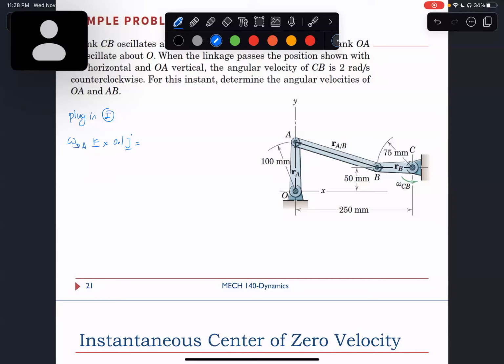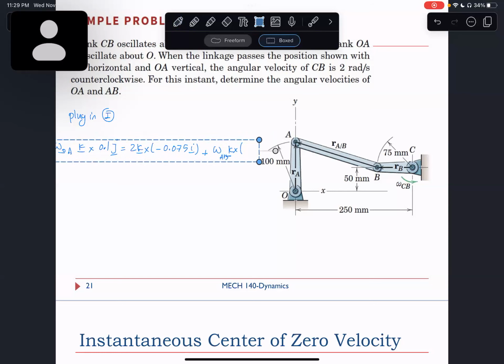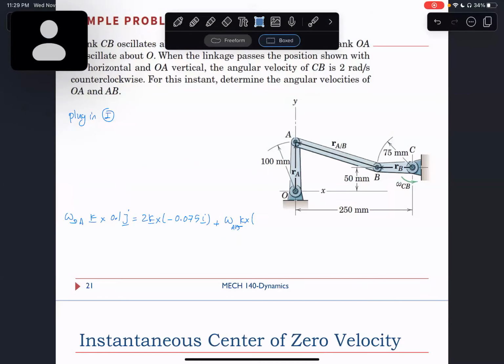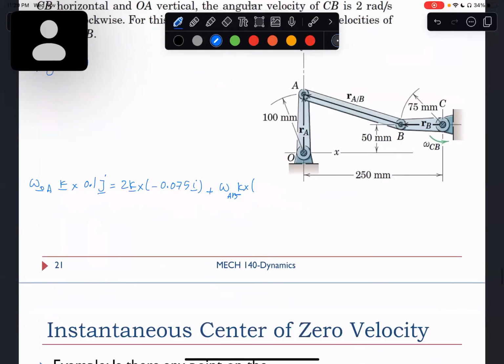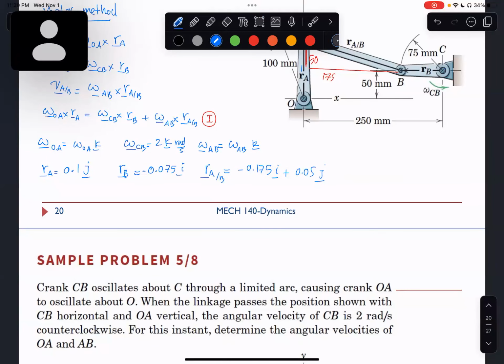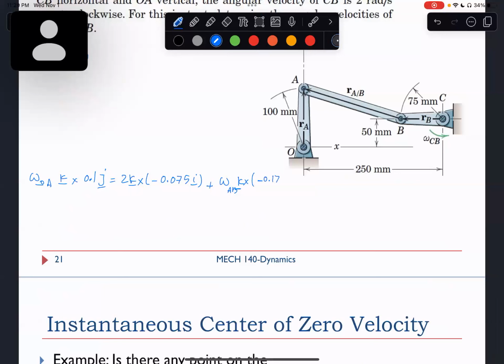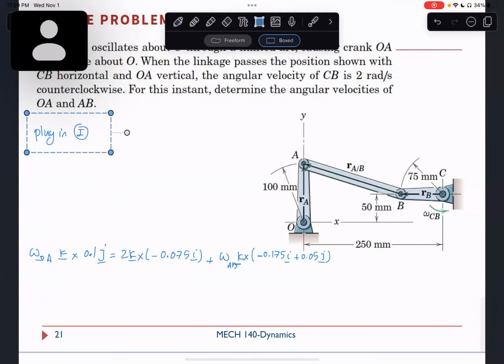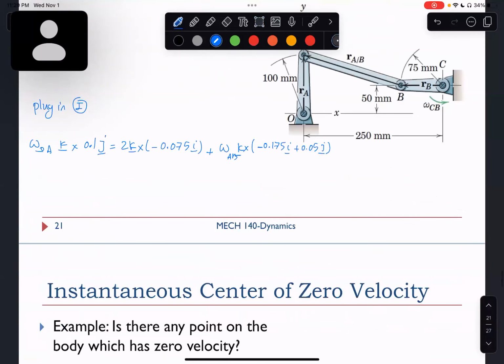That is equal to 2K cross minus 0.075 I, plus omega AB K cross RAB, which is negative 0.175 I plus 0.05 J. This is just equation 1 rewritten with the values of omegas and r's that we know.